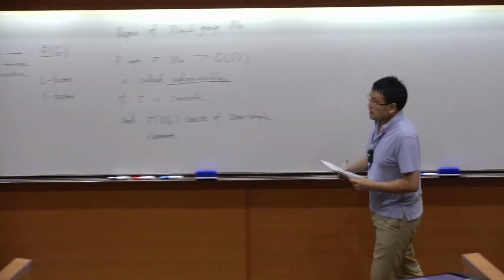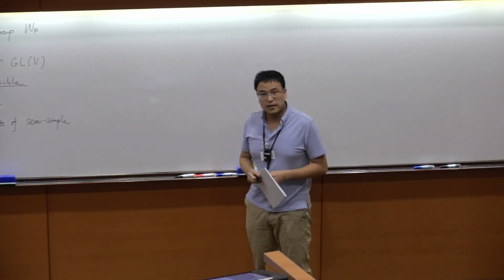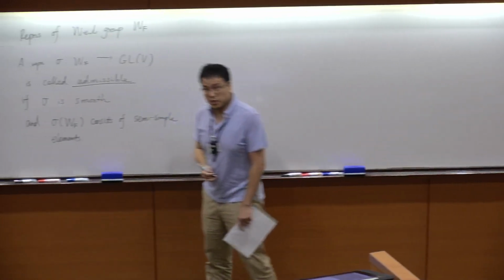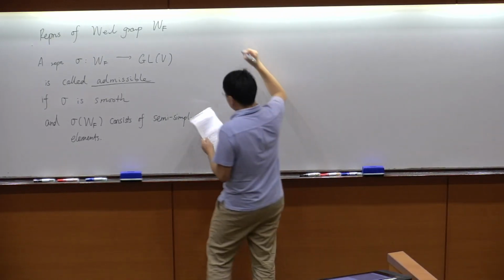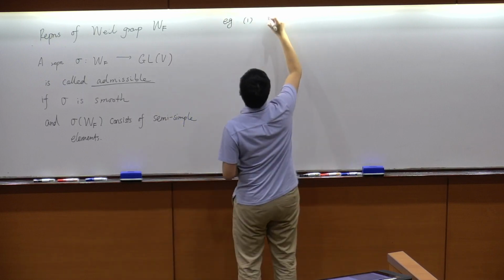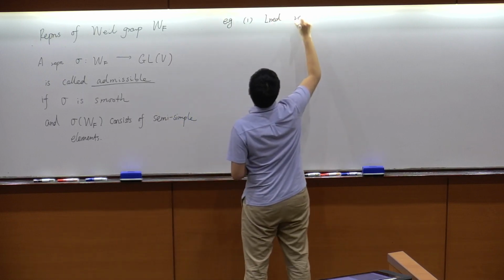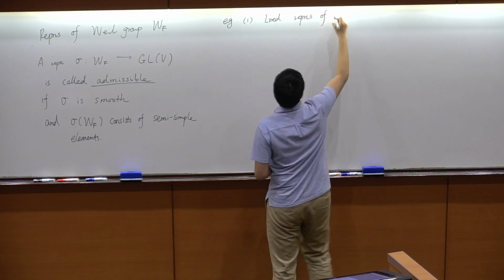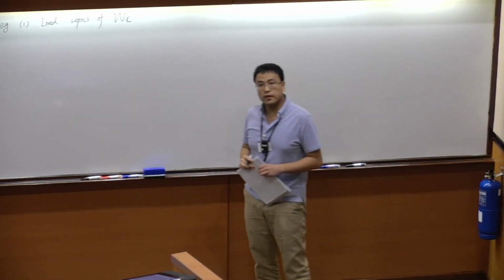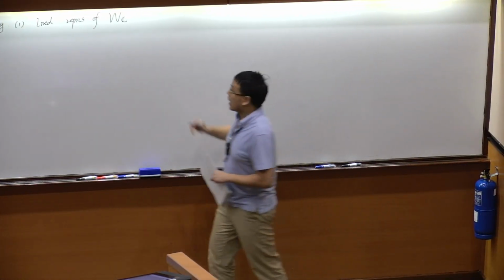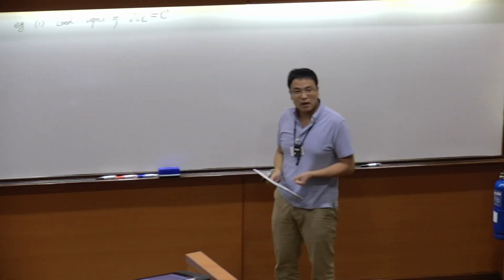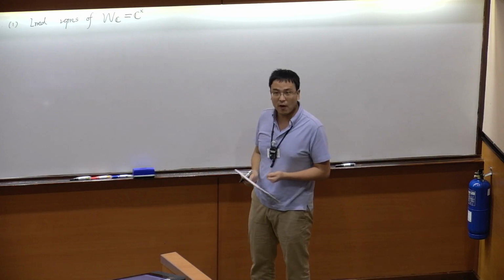Okay, so let me give you examples over the Archimedean fields and the non-Archimedean fields first. What could those Weil representations be? Let's see the complex case first. We know this Weil group is just C cross. In this case, the irreducible representations are just the one-dimensional characters.